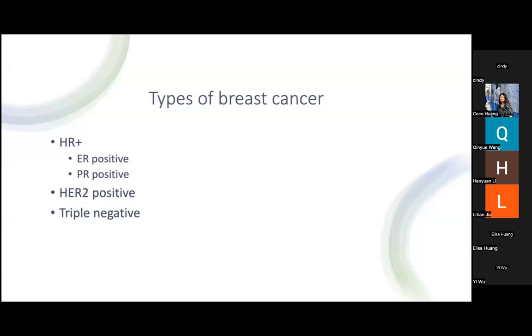There's HR positive, which means hormone receptors can be found on the breast cancer cells, and this is the most commonly found breast cancer. There's also HER2 positive, and there's triple negative, which means none of the three kinds of receptors can be found on the breast cancer cells. This is the hardest type to find a treatment for.